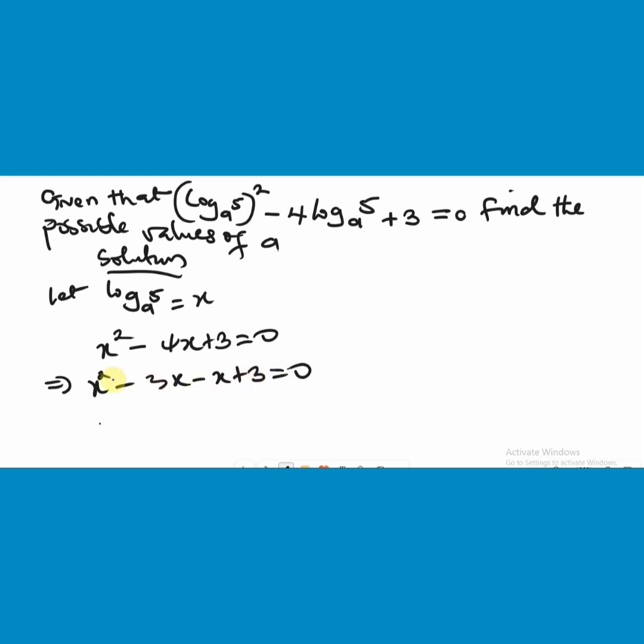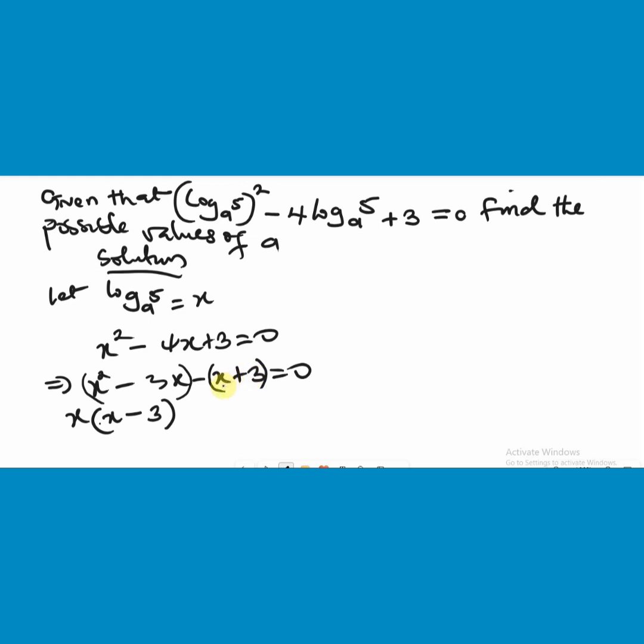I'm going to factorize by putting brackets here and here. I look for a common factor between x squared and 3x, which is x. I bring it out of the brackets, and what will remain here is x, because x times x is x squared, and minus 3.